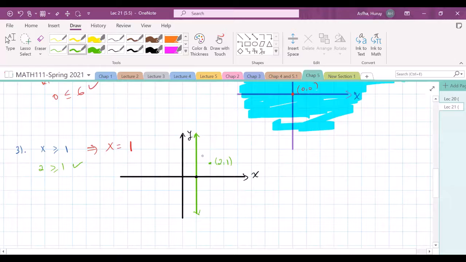Therefore, the solution to this inequality is to the right of this line. So this is good enough to show that the right side is the solution. You don't have to use this kind of color. All right, so this is how we graph the solution of an inequality in 2 variables.